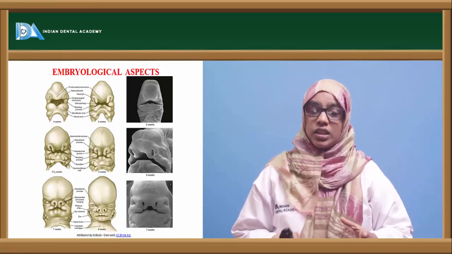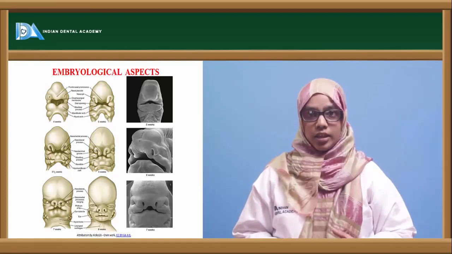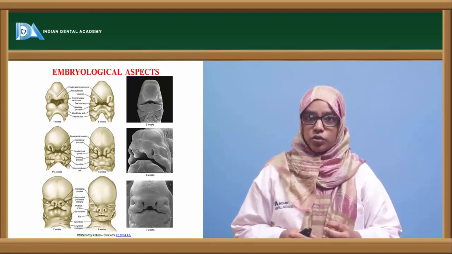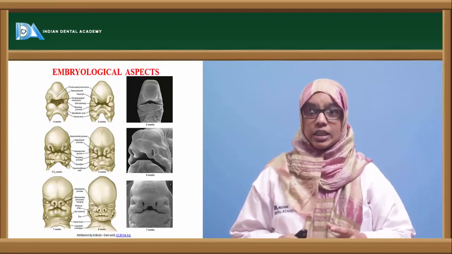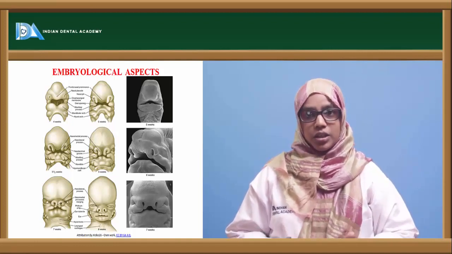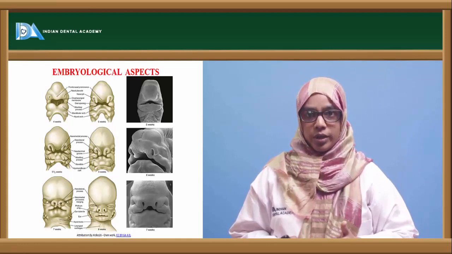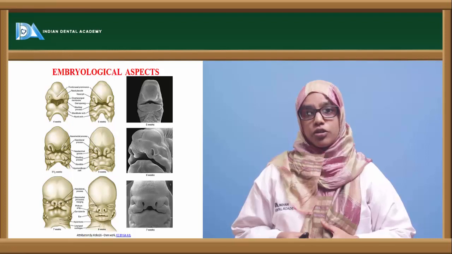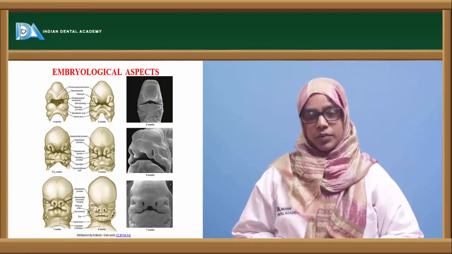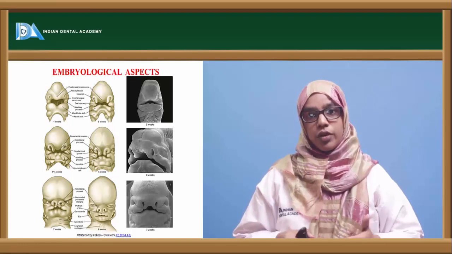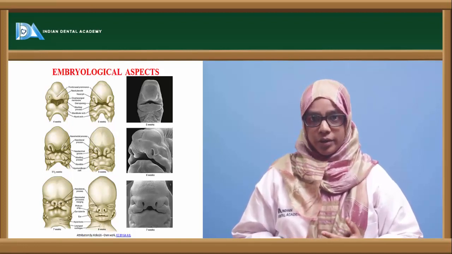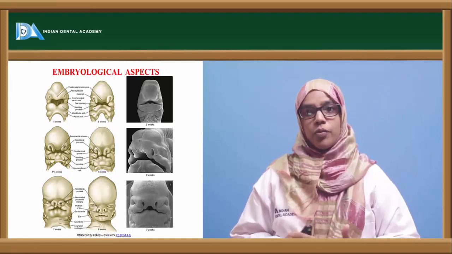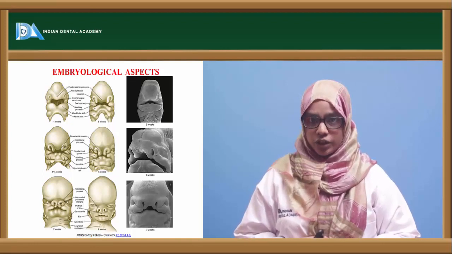On either side of it, ectodermal thickening results in formation of nasal placodes. These placodes get invaginated by mesoderm, forming a horseshoe shape with two limbs, the medial limb and the lateral limb, giving the medial nasal process and the lateral nasal process. The medial nasal process fuses with the frontonasal process to form the upper lip, the premaxilla, and the philtrum, whereas the lateral nasal process forms the alar portion of the nose.